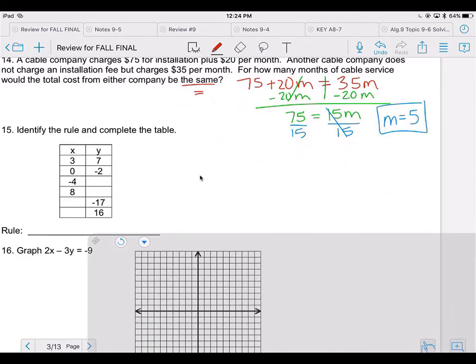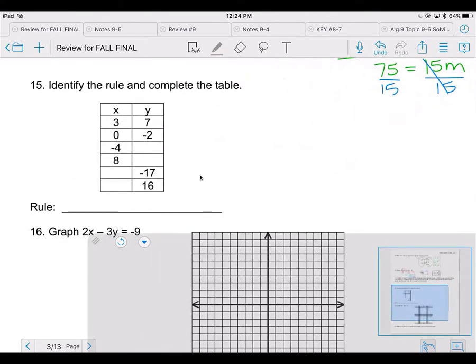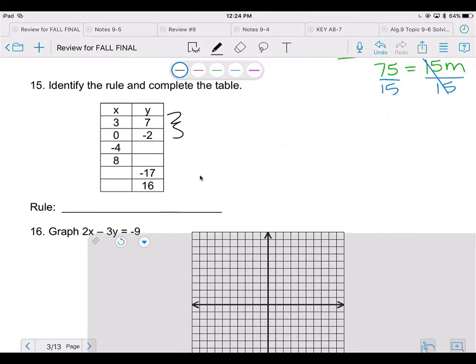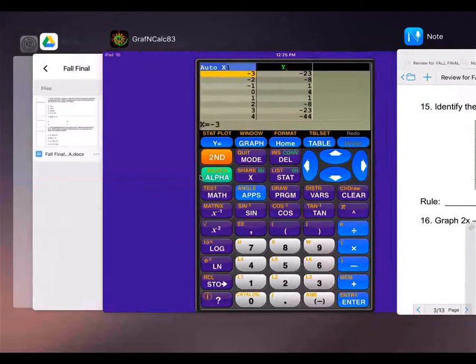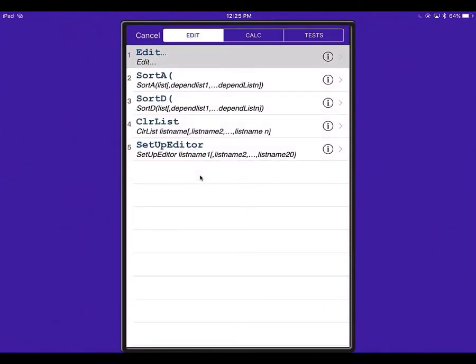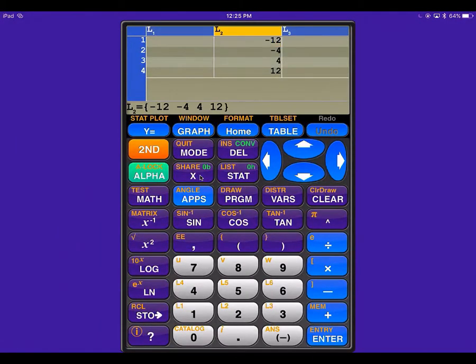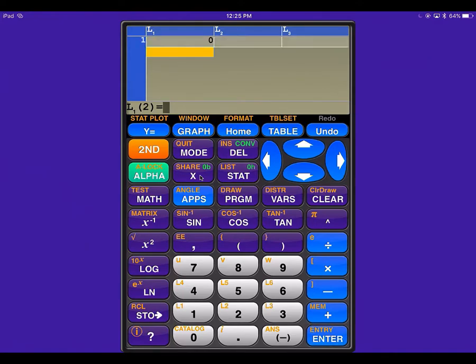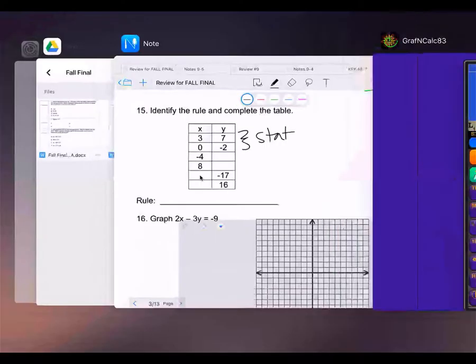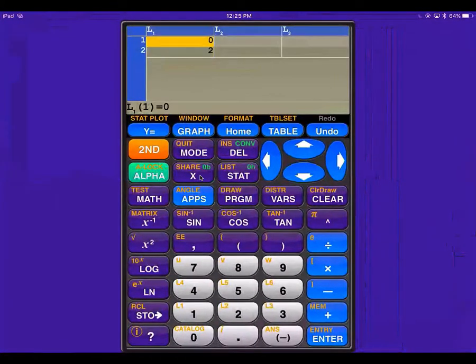15 asks me to identify the rule and complete the table. So to identify the rule, I'm going to take my top 2 points, everything I have completed, and put it into stat edit. So 3, 0, and 7, -2 are going to go in my calculator. So I click stat edit.